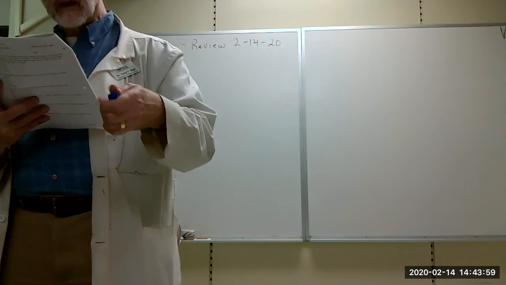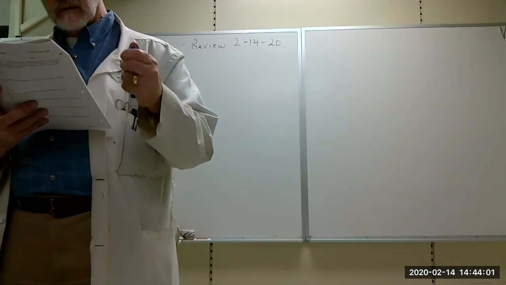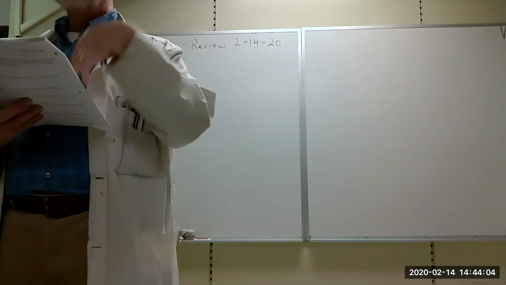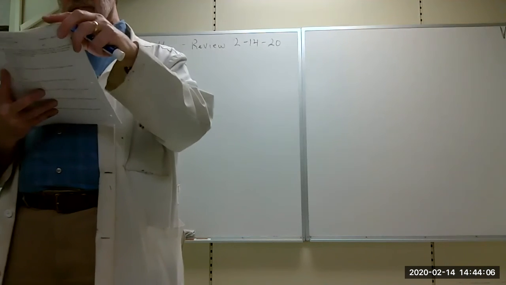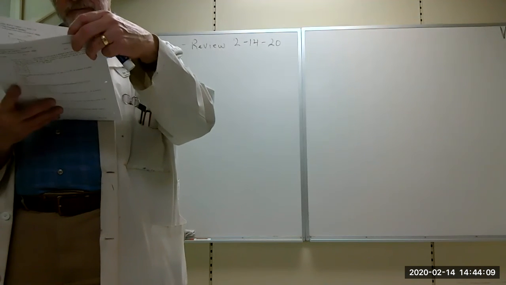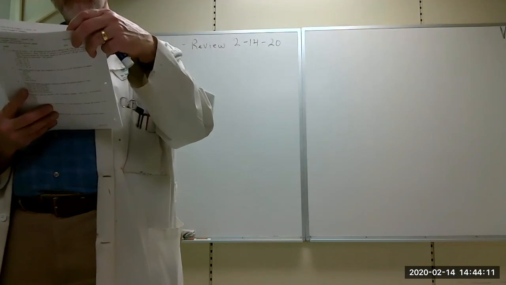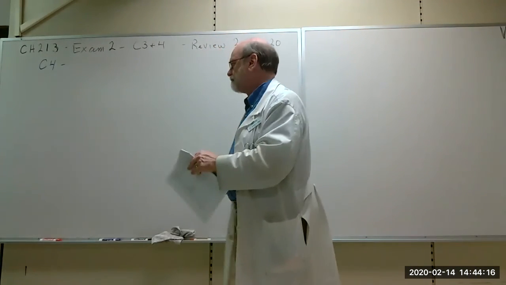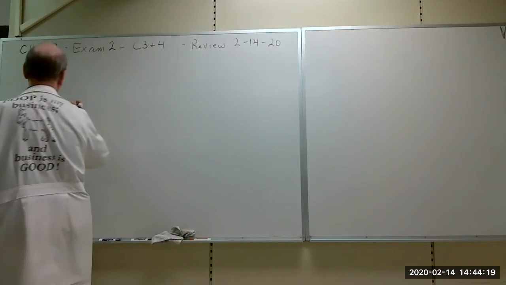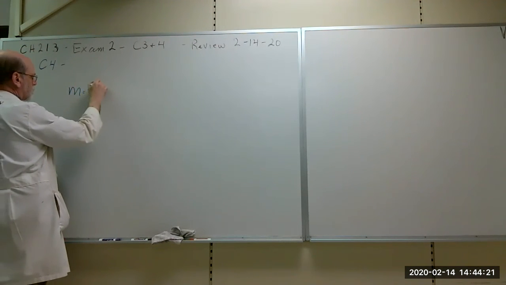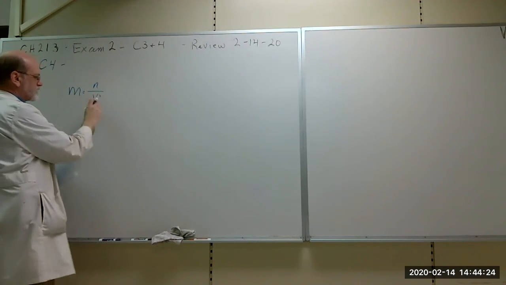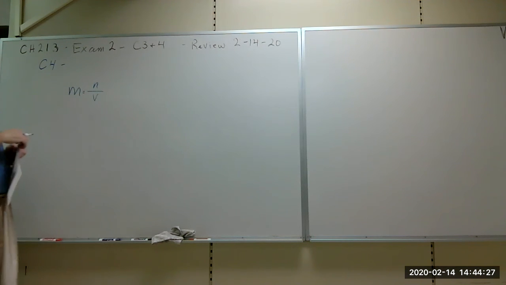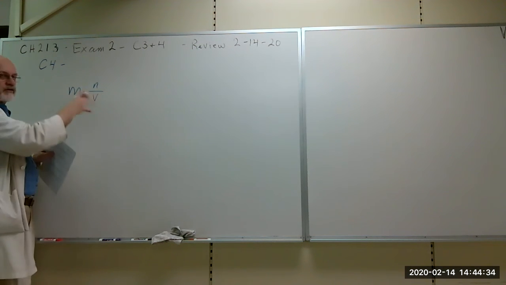So you can probably calculate molarity pretty easily, right? You just need the number of moles and the volume that you put it in. That's another dilution one. If you need to get a molarity of something, moles per volume, this has to be in liters, that has to be in moles. But your balance doesn't measure in moles, it measures in grams. So it depends on the compound that you're going to put in a solution.